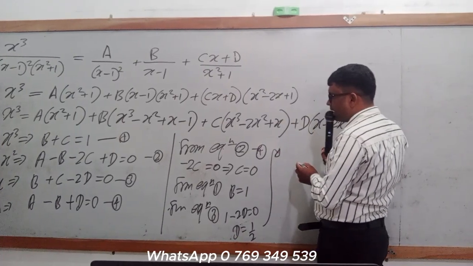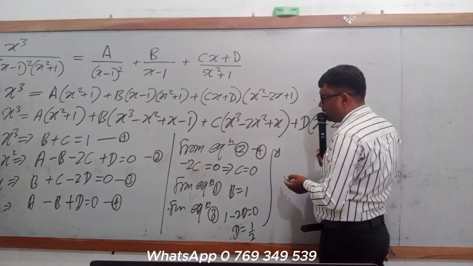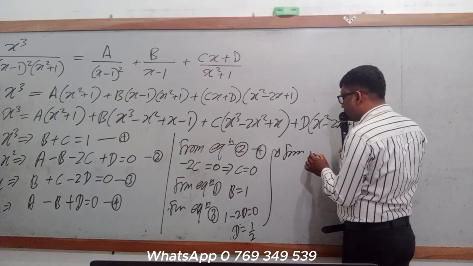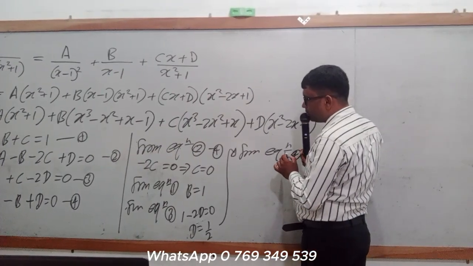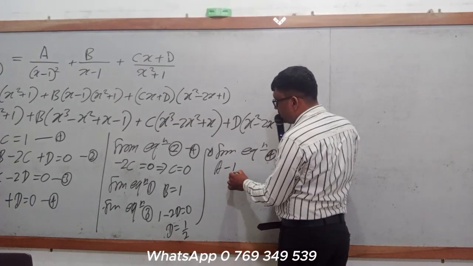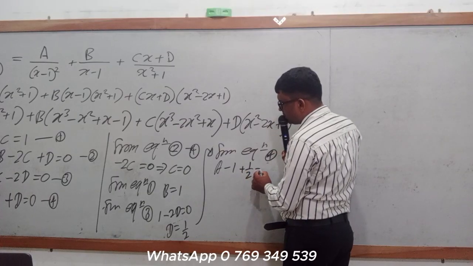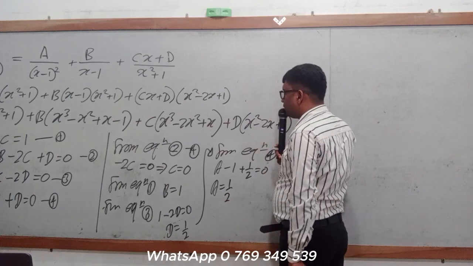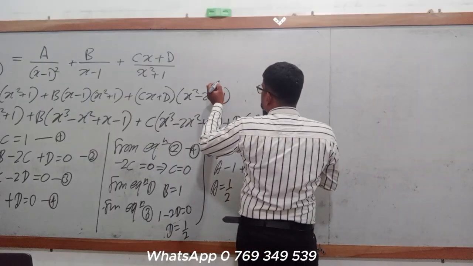We know that d equals half, and we know b and d, therefore from equation 4, we can say that a minus b is 1, plus d is half, equals 0, therefore a is also half, right? Now we can express this one like this.